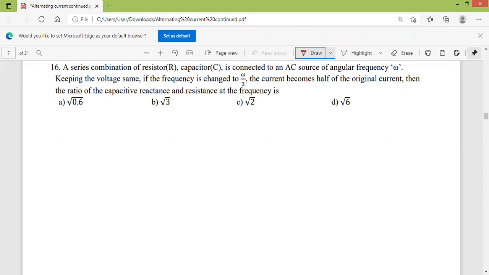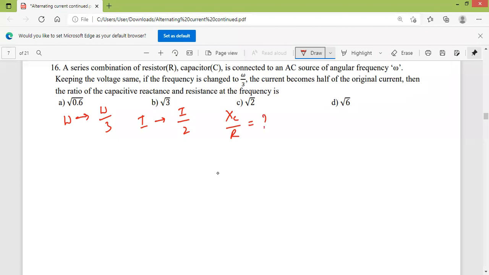Then the ratio of the capacitive reactance to the resistance is asked. So current I becomes I by 2, and the ratio XC by R is asked.